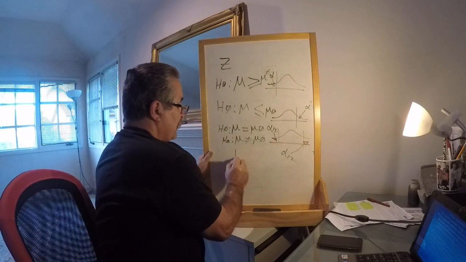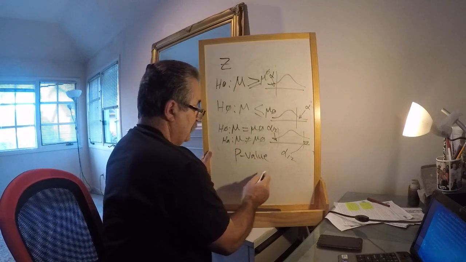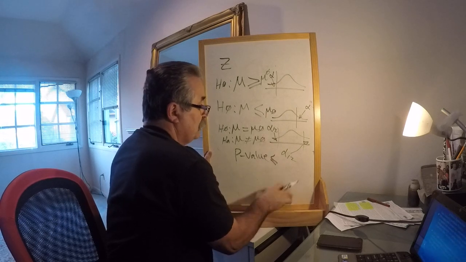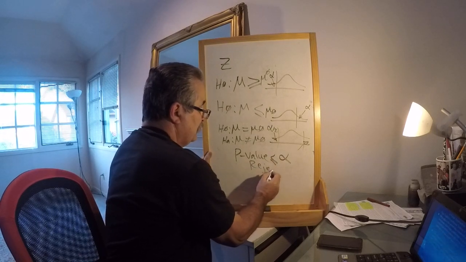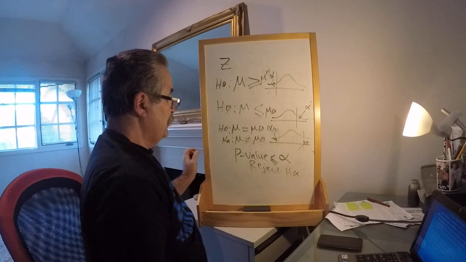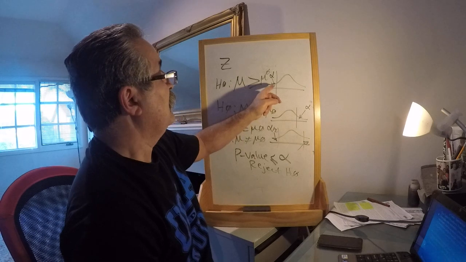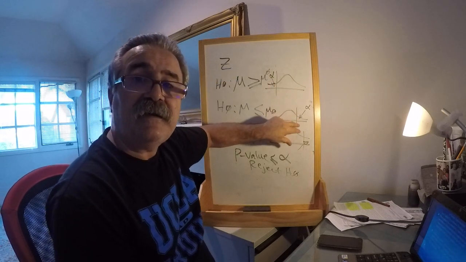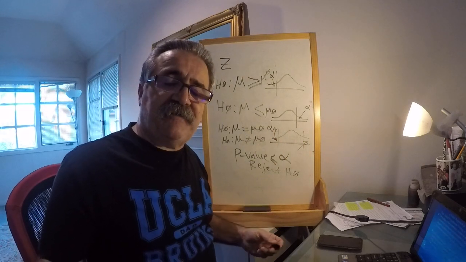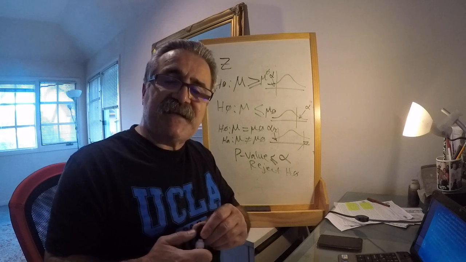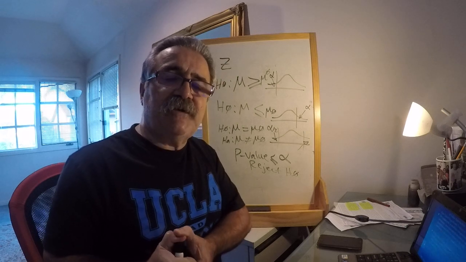This is the rule: if the p-value is less than or equal to alpha, then we reject H0. That means it is located in the area of the alpha, which is the rejection area. The alpha is the area where our sample does not provide support to accept the H0.